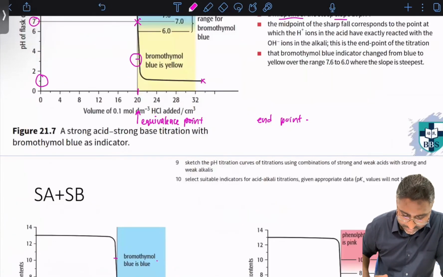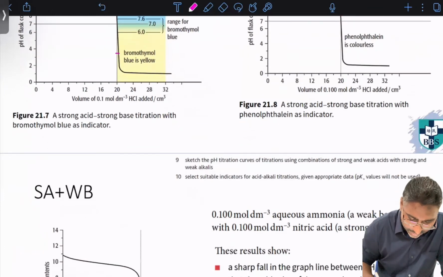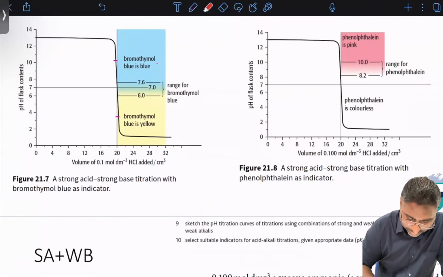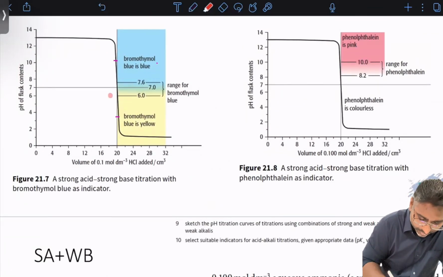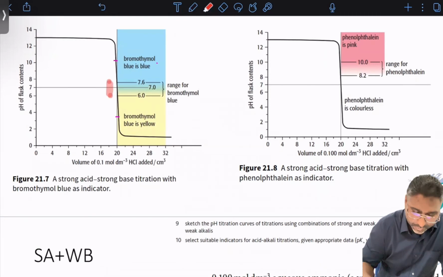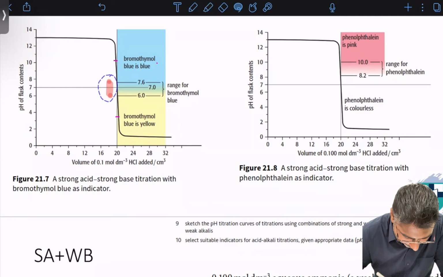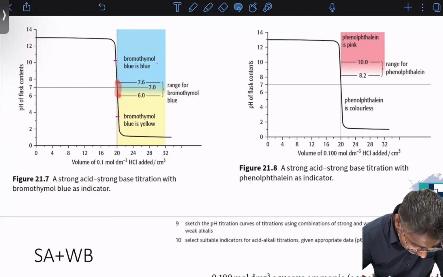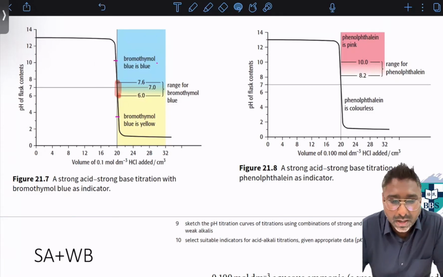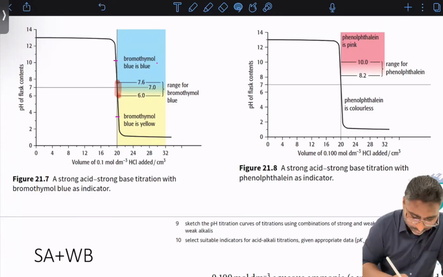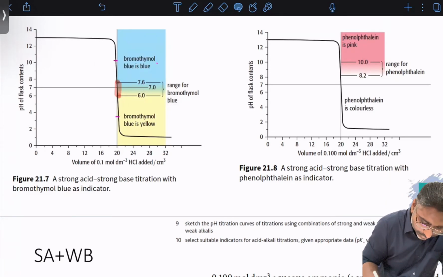I use the red highlight here: 6 is here, 7.6 here. If I bring this highlight closer, it comes within the sharp fall, which is from here to here.